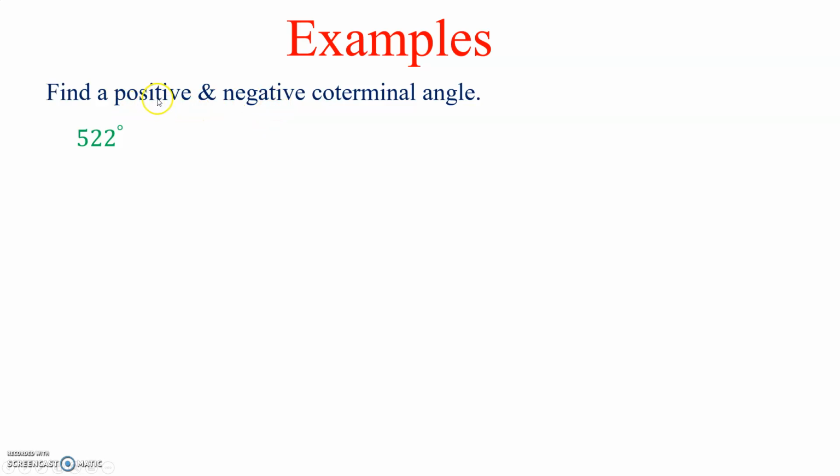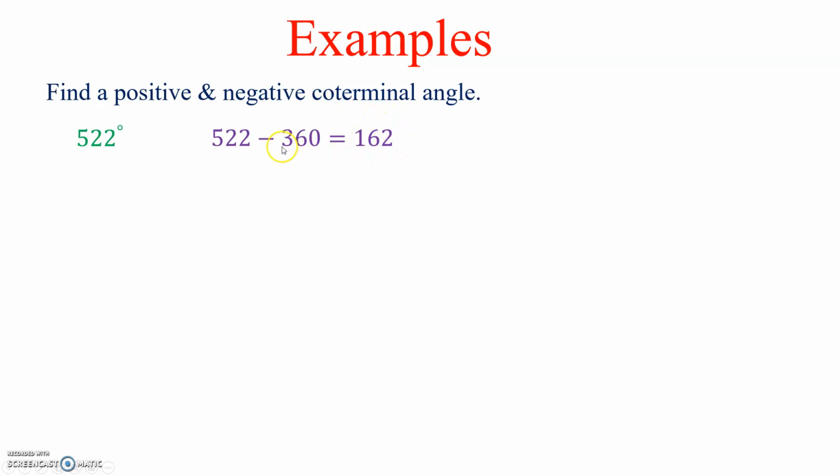Instead of me thinking, okay, to get the positive, I add, and to get the negative, I subtract, I recognize at some point to get to this negative, I'm going to have to subtract. But on the way to the negative, I will actually end up with some positives. This is what I mean. Take the 522, I subtract 360, I still have a positive answer.